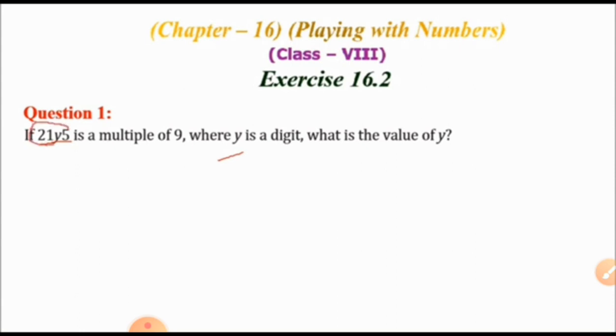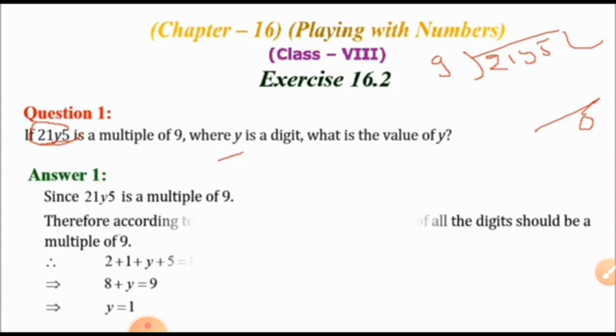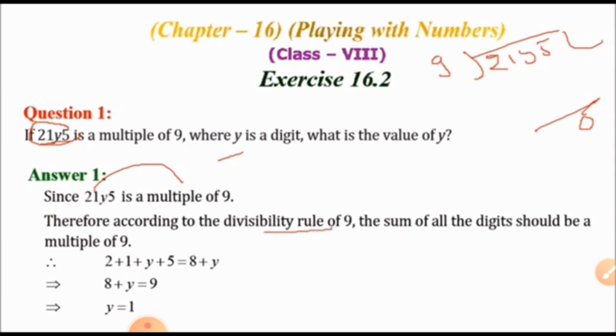So which value can we put? The sum of that number should be divisible by 9. Suppose we put 21y and it should have remainder 0. So one by one we have to check the digits 0 to 9 for this multiple of 9.